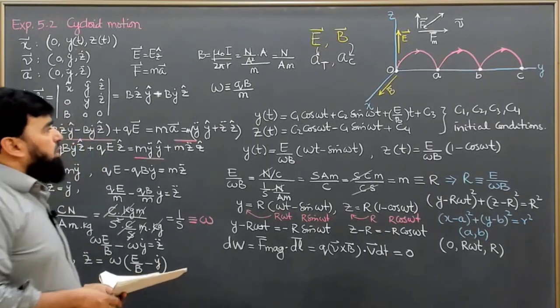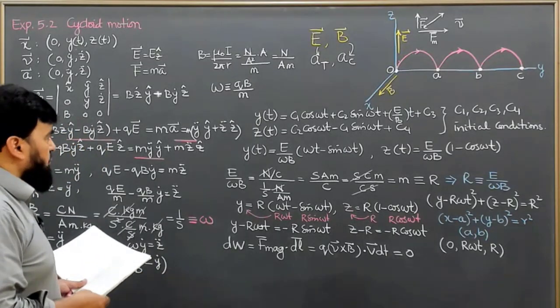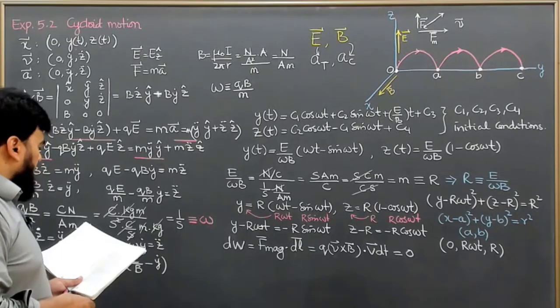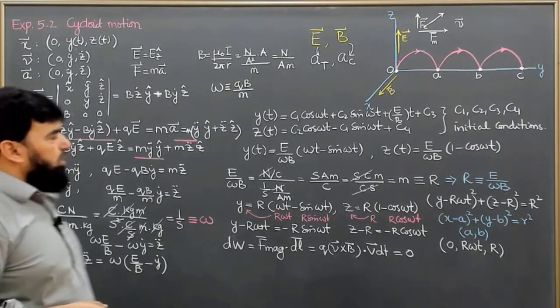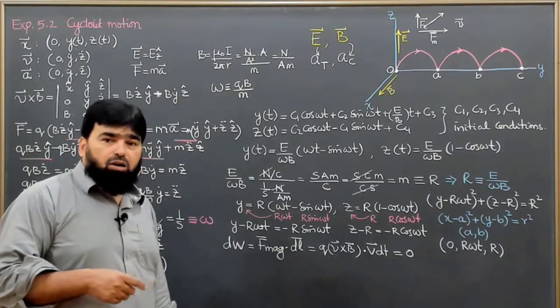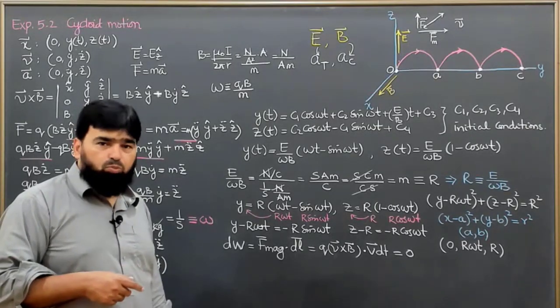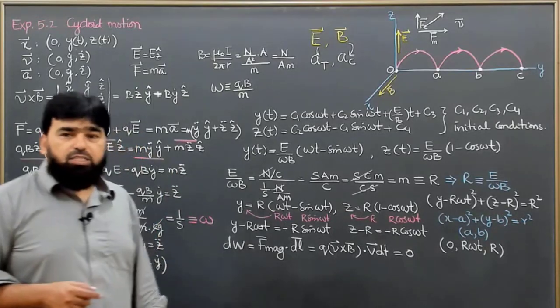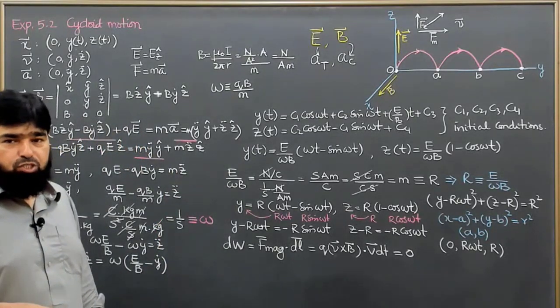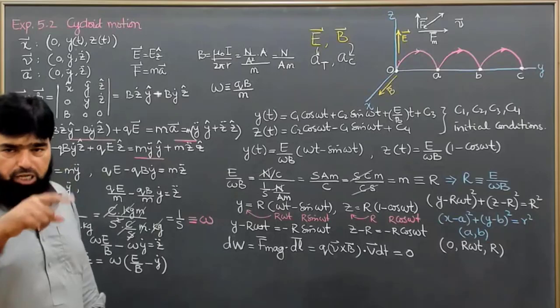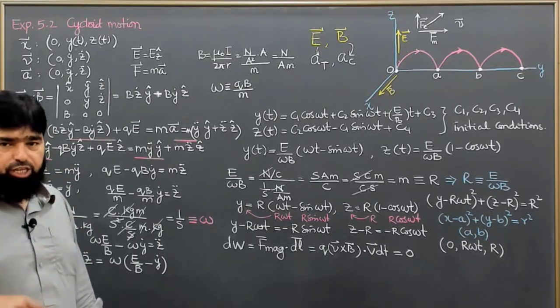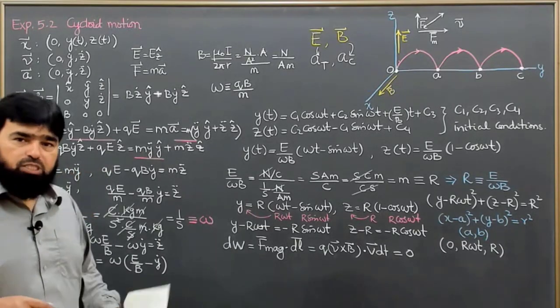We use these equations similarly in an oscilloscope, in a cathode ray tube, the cathode ray oscilloscope, where we have the same application, dealing with the motion of a charged particle and generating the shape of the signals.